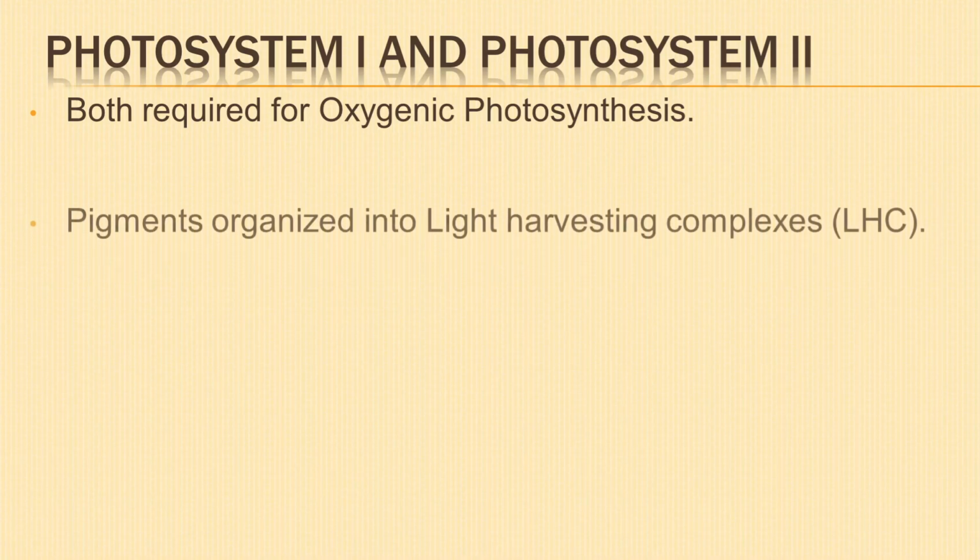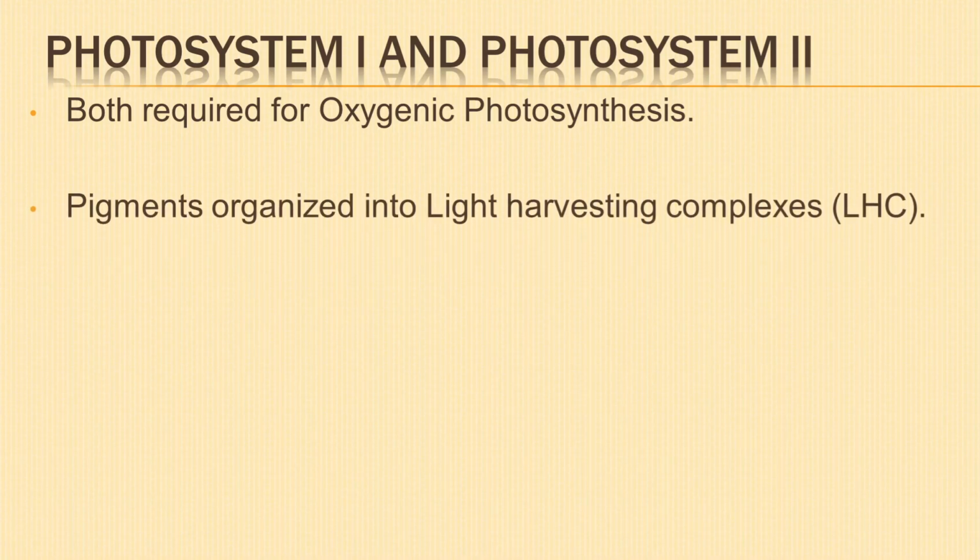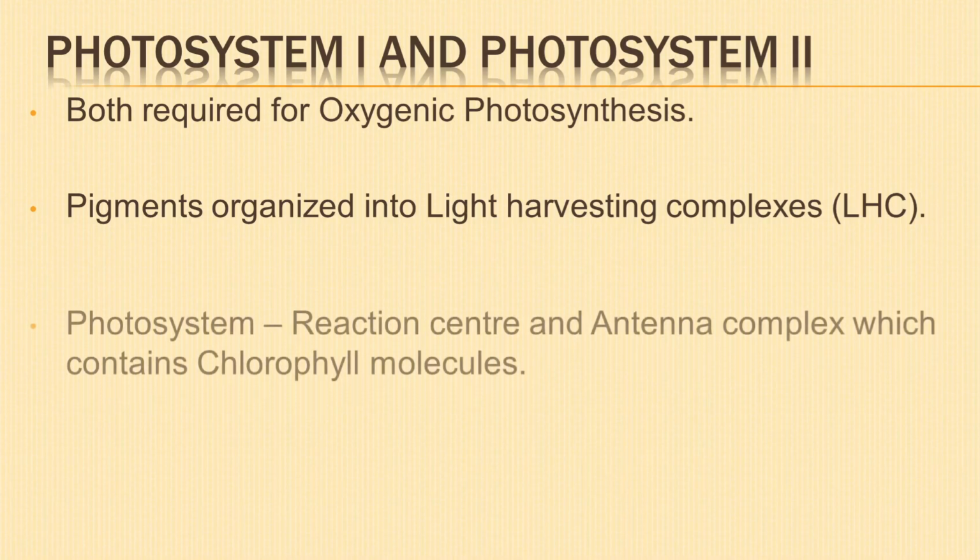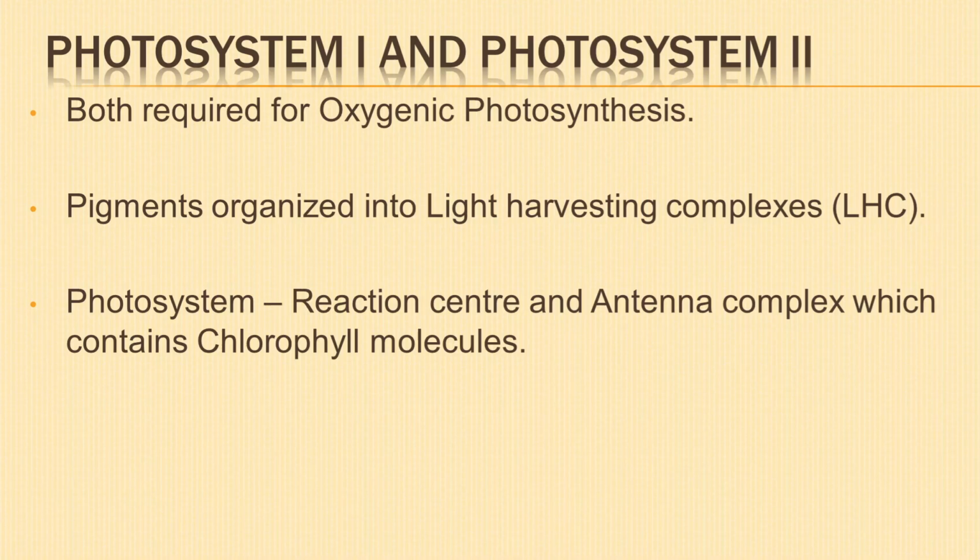The pigments are organized into light harvesting complexes within photosystem 1 and photosystem 2. Each photosystem has two parts, a reaction center and an antenna complex surrounding the reaction center. The antenna complex contains chlorophyll molecules which capture and transfer the light energy to the reaction center.